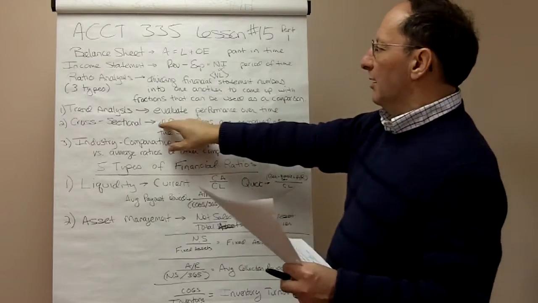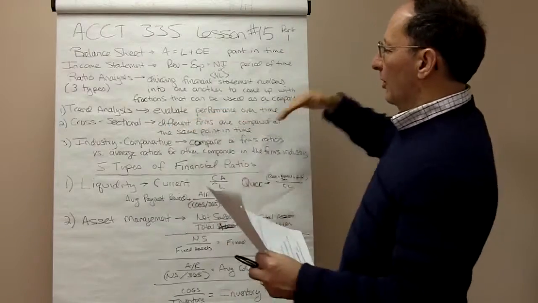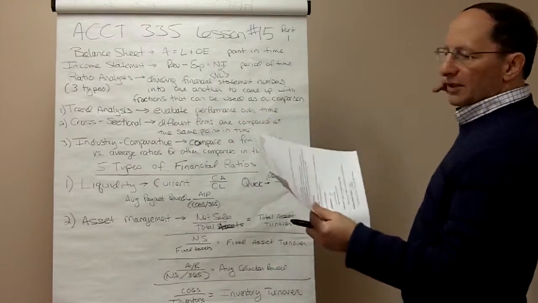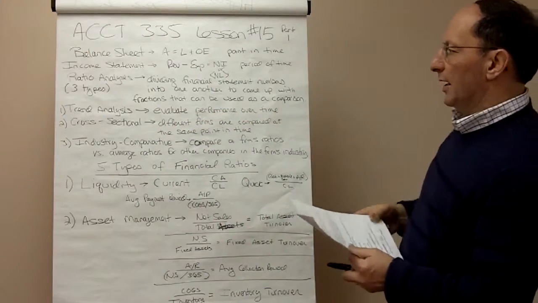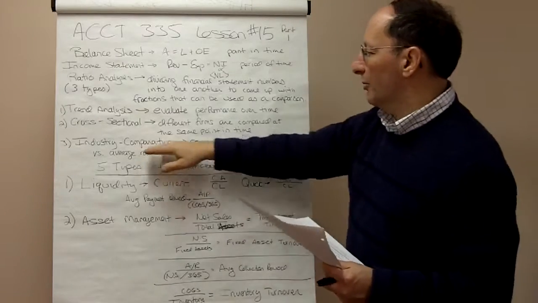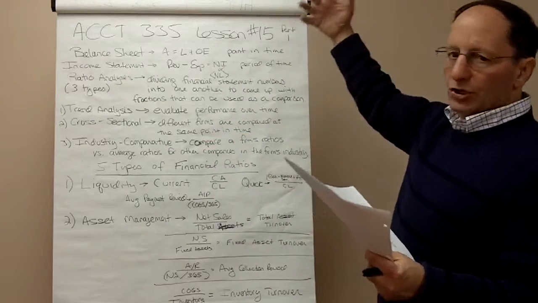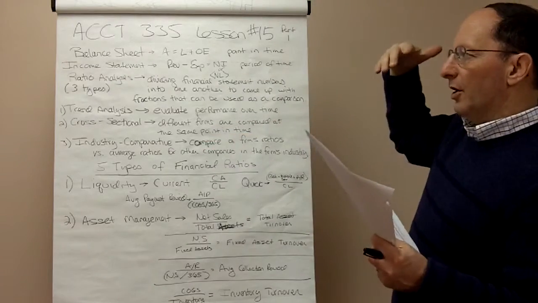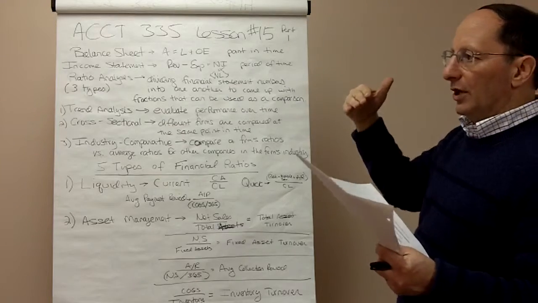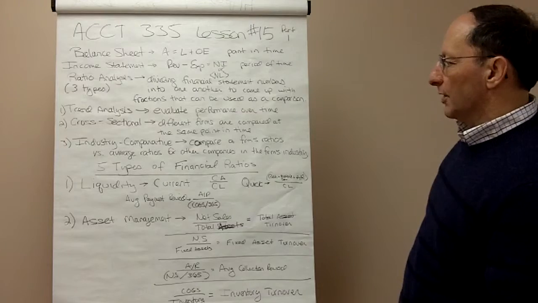So we take GM versus Ford, for instance, and compare various ratios in those types of firms. And industry comparative is to compare, like, General Motors to the overall industry. What is their cost of goods sold relative to the entire industry's cost of goods sold? Things of that nature.